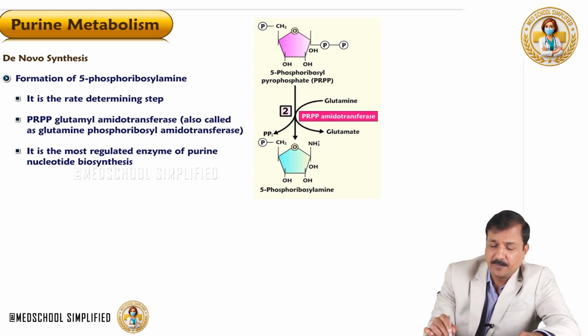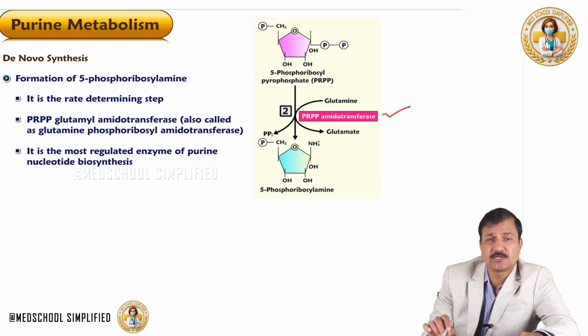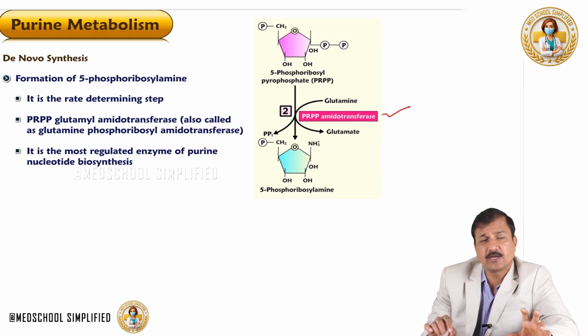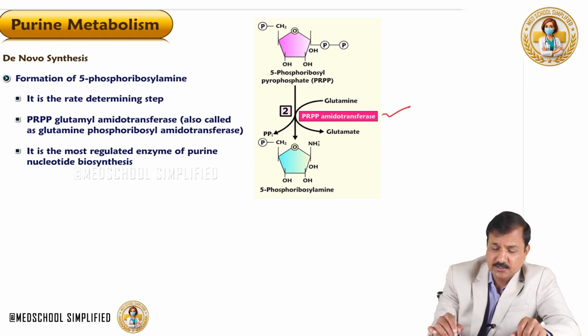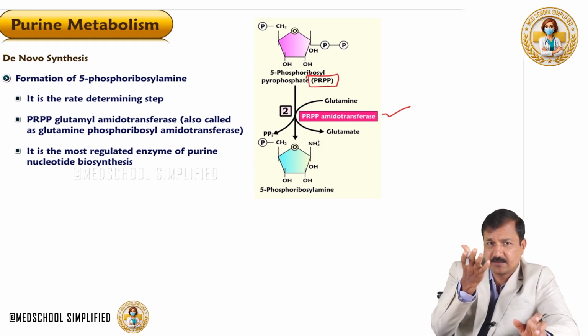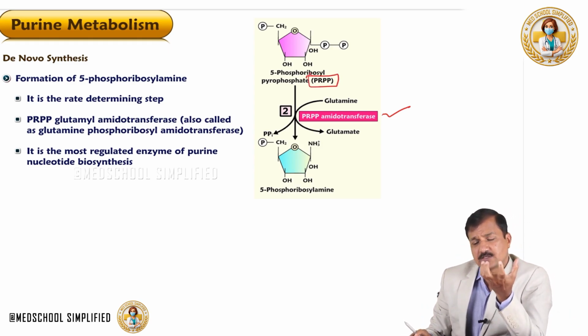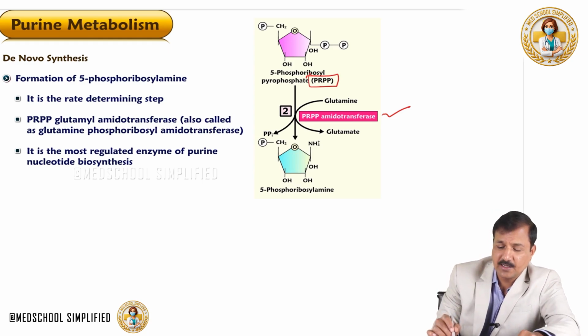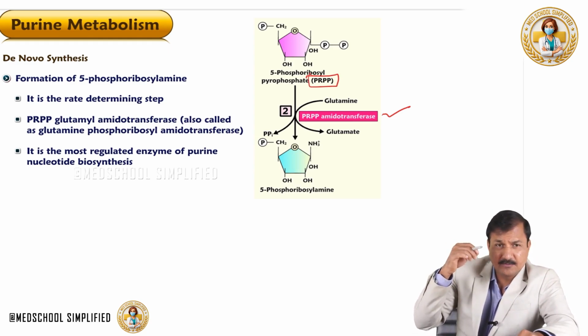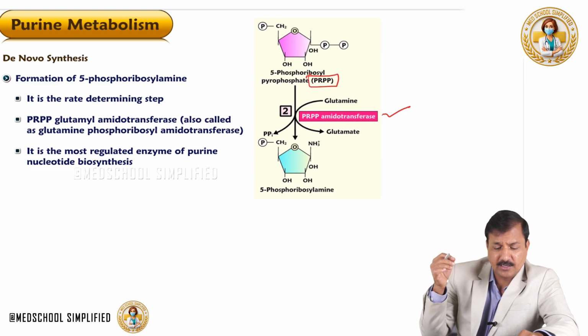What does it do? It takes PRPP, and PRPP acts as a base or support over which a purine ring is built, each atom being brought in to make the purine ring.